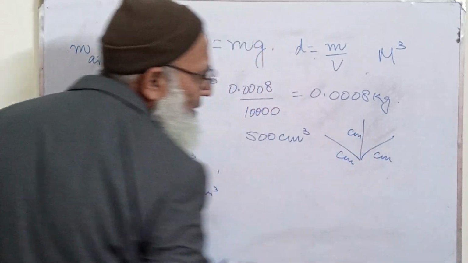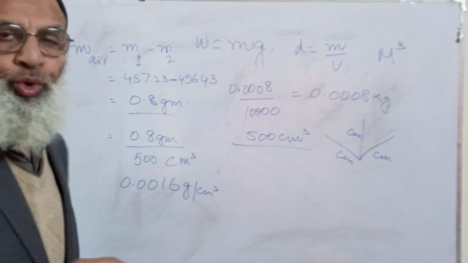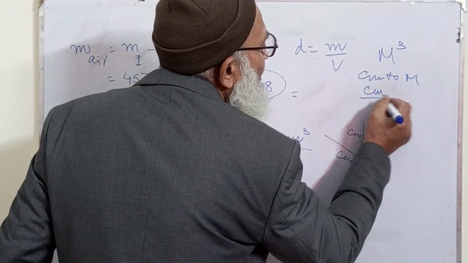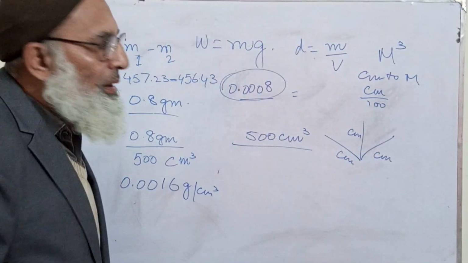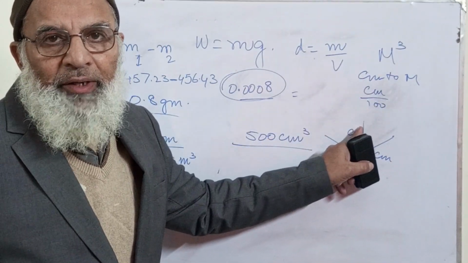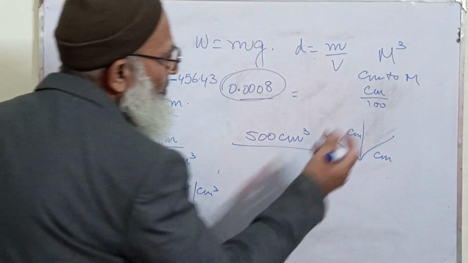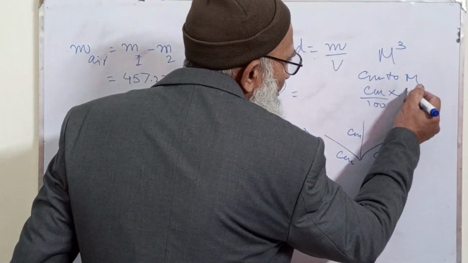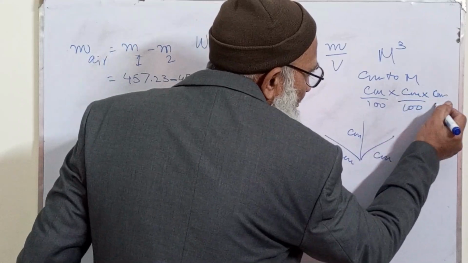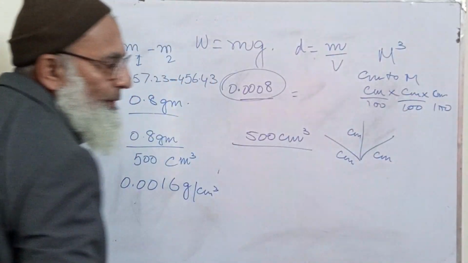So what we do here is centimeter to meter. We will divide centimeter by 100, because there are 100 centimeters in 1 meter. But we have 3 centimeters, so we keep on dividing: 100, 200 and 300.